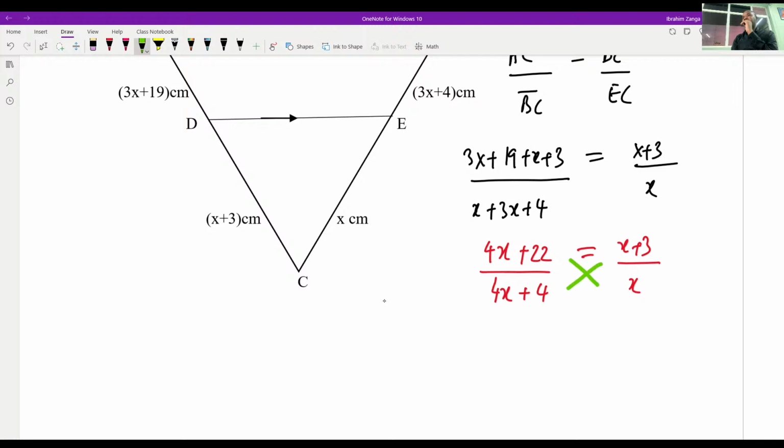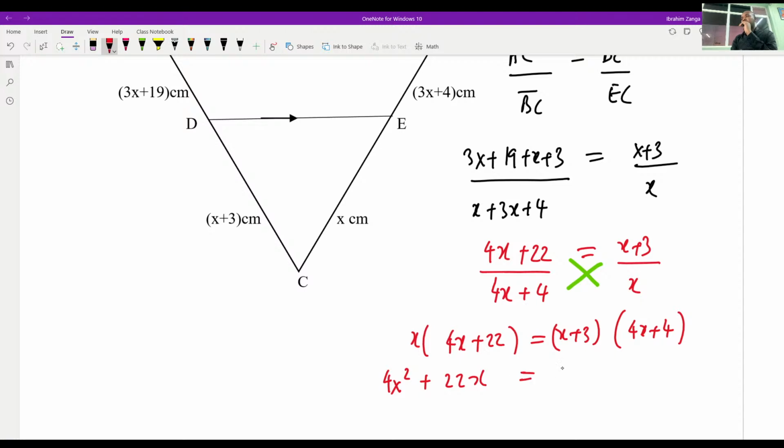When you cross multiply, you'll have x multiplied by 4x plus 22 equals x plus 3 multiplied by 4x plus 4. Opening the brackets, you'll have 4x squared plus 22x equals 4x squared plus 4x plus 12x plus 12.